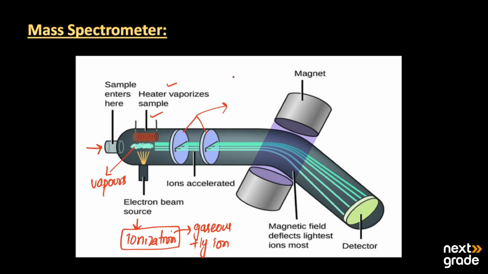Now these ions pass through the electric field. The electric field that we apply is a voltage of 500 to 2000 volts. The ions are deflected towards the negative plate.